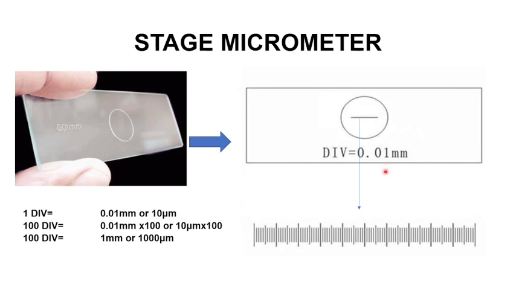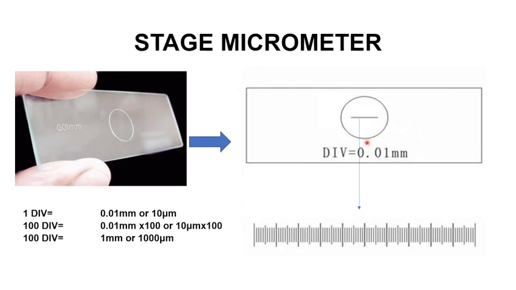And dear students, keep this in your mind that it is not a rule of thumb that every stage micrometer has one division equivalent to 0.01 millimeter. It may vary. Anyhow, the stage micrometer with which we are dealing has one division equivalent to 0.01 millimeter.